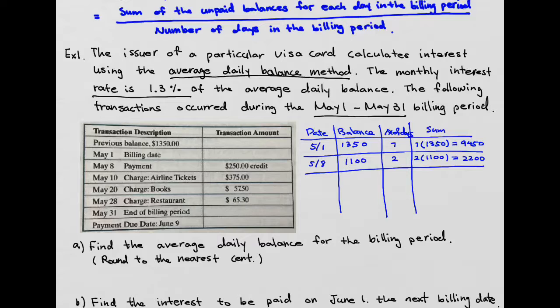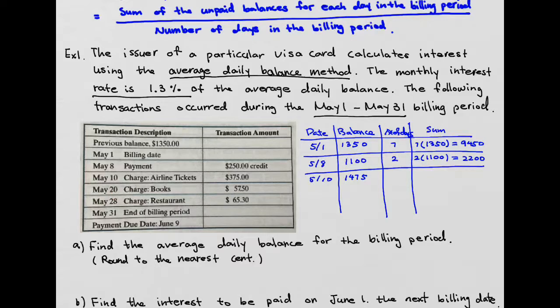And then the next transaction is going to be on the 10th. You're going to add $375, so it becomes 1,475. And how many days? You're going to start from 10 and stop right before 20, so it will be 19.